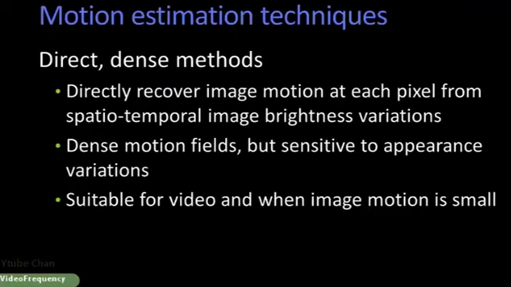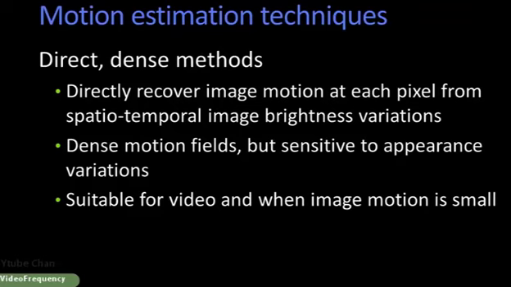And that's what we're going to be focusing on today. Direct and dense methods recover motion at every pixel in the image, and that gives you a dense flow field. It's based upon what we call the spatial temporal brightness variations, how the appearance is moving and changing.